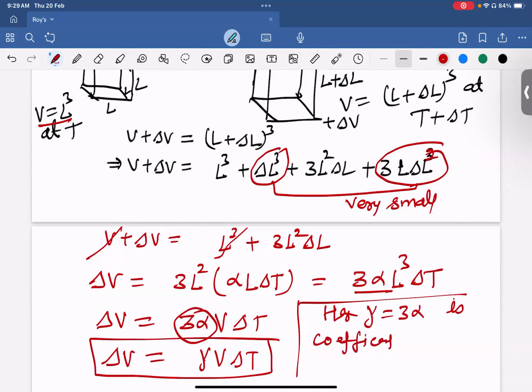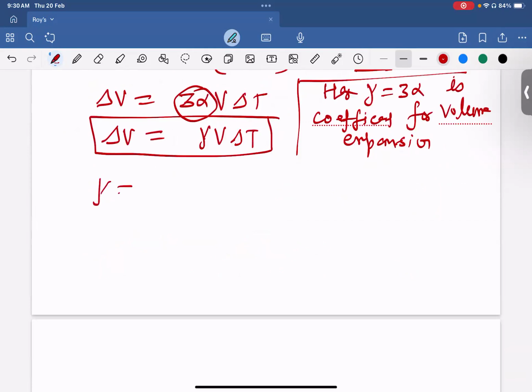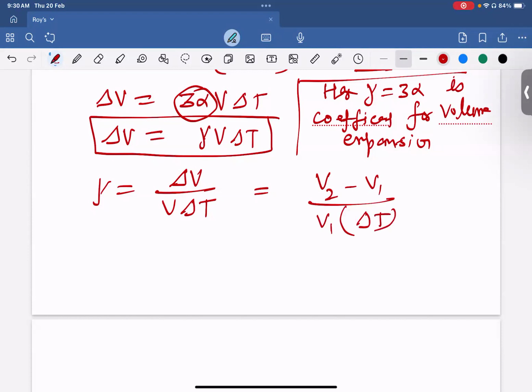Coefficient for volume expansion. That is gamma for you. Also, if you want to find gamma, it is change in volume by original volume into delta T. Or we can write change in volume as V2 minus V1 divided by V1 into delta T. If you want to find the final volume, same formula, V1 into 1 plus gamma delta T. And as you say, gamma is 3 times alpha.